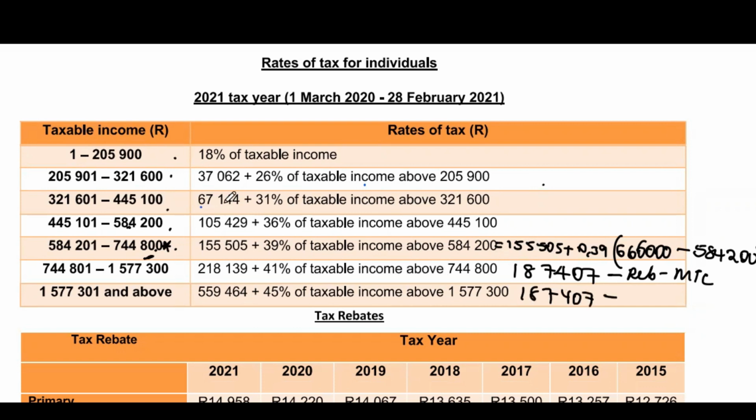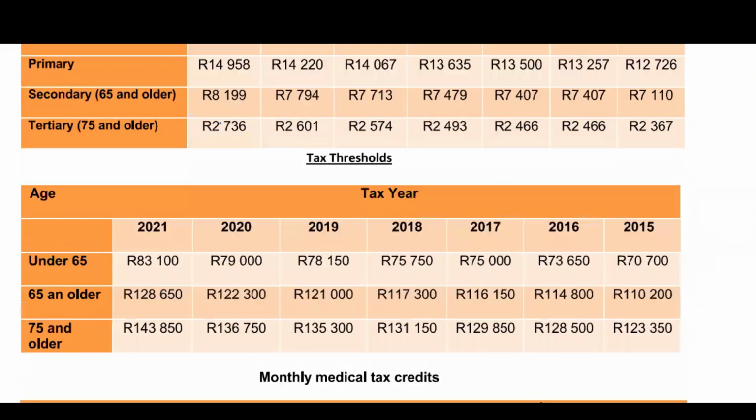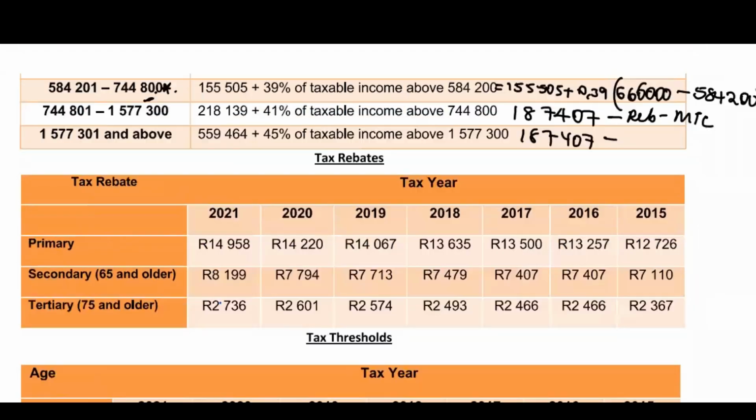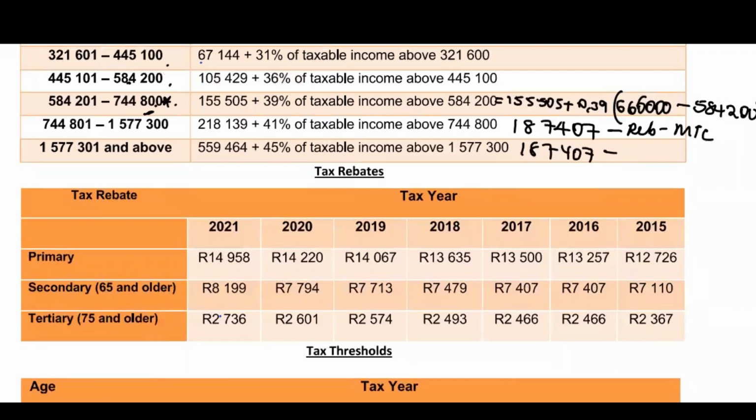So it's that much minus. Now the person was 58 years of age. So the rebate, which year are we using? Let's use 2021. So the person qualifies for 14,958, minus the tax credits that we've just seen. Subtract everything.